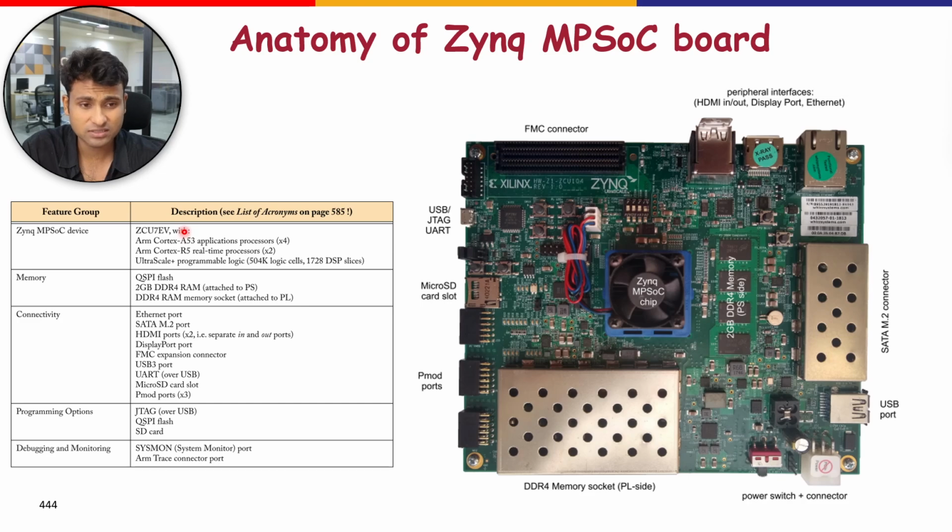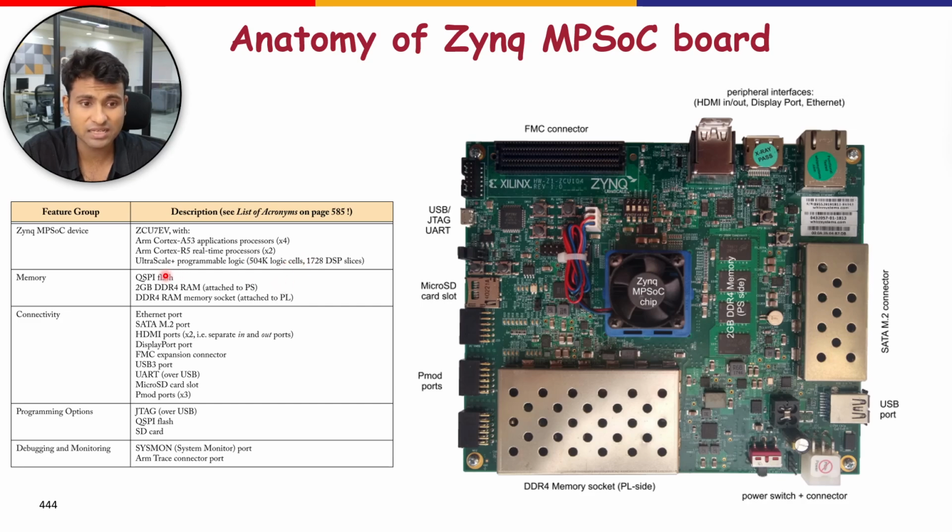As we have discussed in the previous lectures, the ZU7EV has 4 cores of ARM Cortex A53 processor, 2 cores of ARM Cortex R5 real-time processors, and an UltraScale+ programmable logic having 504K logic cells and 1728 DSP slices. The Kria board which we are using has fewer logic cells and DSP slices. The rest of the things are quite similar.